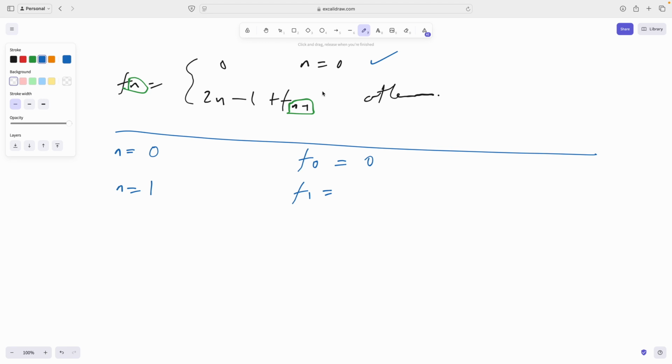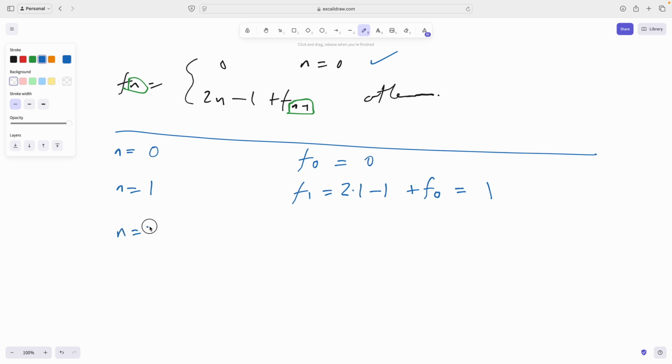This is always going to be the rule that applies. So it's 2 times 1, because n is 1, minus 1 plus f(n minus 1), which is f(0). So that is 2 minus 1 is 1, plus 0, which is 1.